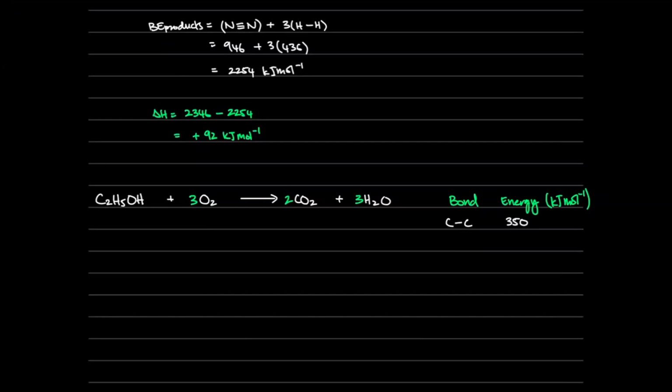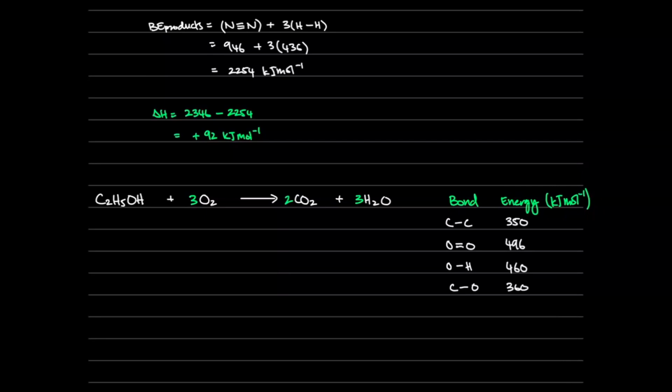Oxygen bond is 496. Okay. The OH bond is, let's see, what's the value for this? The value for this is 460. The carbon oxygen single bond is 360.